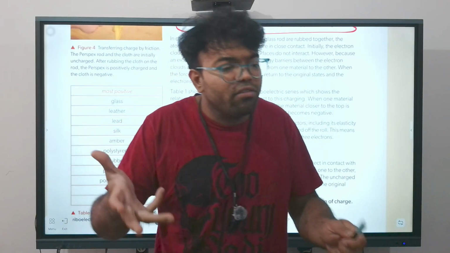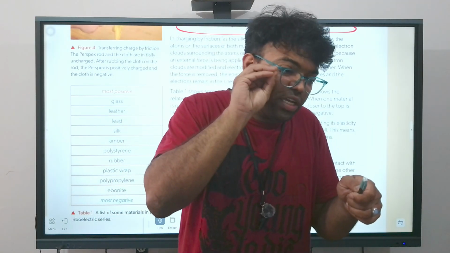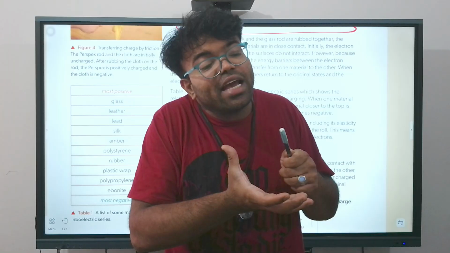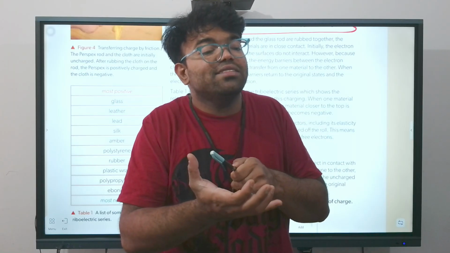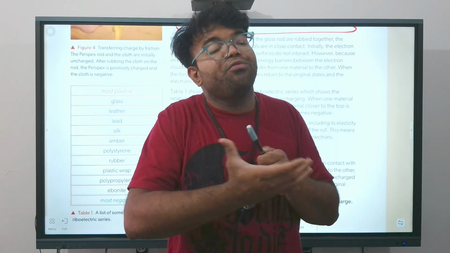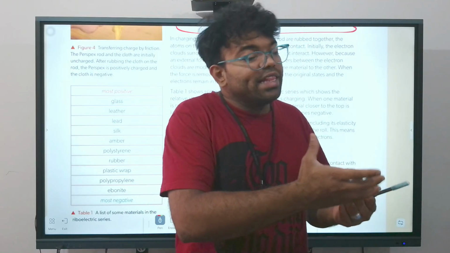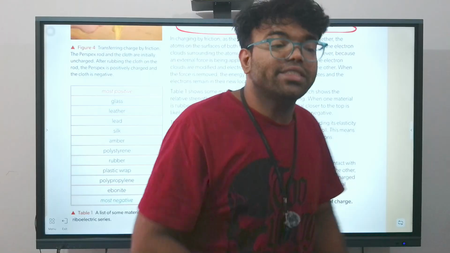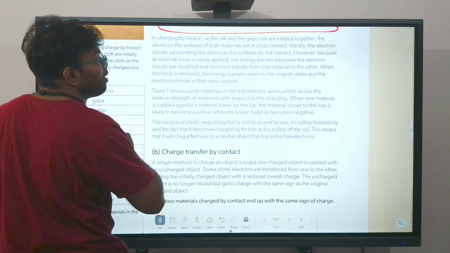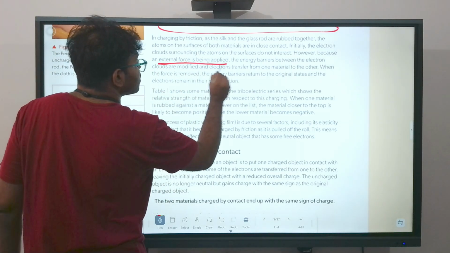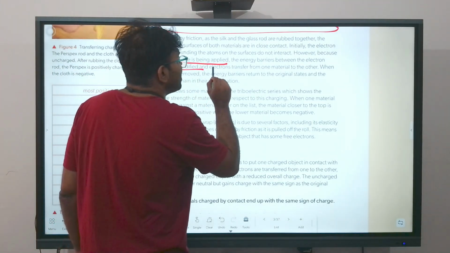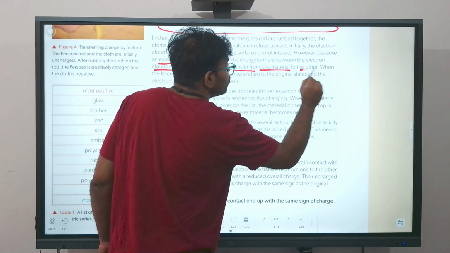You were trying to give energy to the electrons in the perspex rod, so that they would energize themselves and become free from the perspex rod, and then eventually get transferred to the silk cloth.